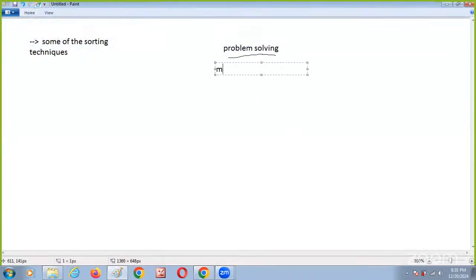Because this is the last class, at least I want to give you an overview of the entire subject: what are the pending topics, and where is the chance of GATE questions.